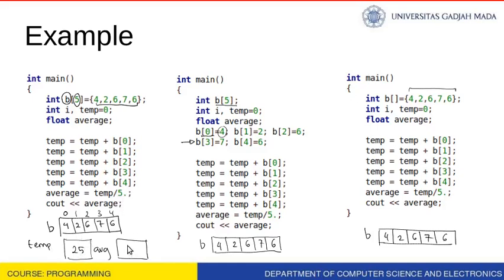So it will be 5 in decimal. So after that, it will print out the result of this average, which is 5. And the other programs will do the same thing. So that's how to access the element or the value of an array.